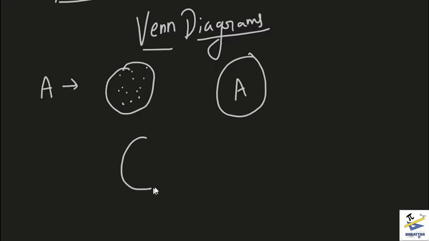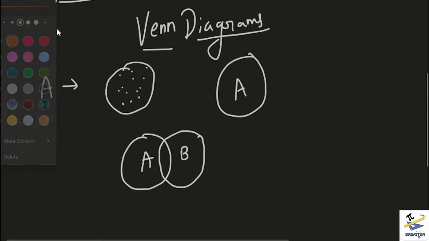So we can draw completely A, and we can draw an overlapping circle which we call B. Okay. So these two things basically combine to say that A and B are two sets which overlap, that is, they have an intersection. Let me just mark the intersection in a different color.